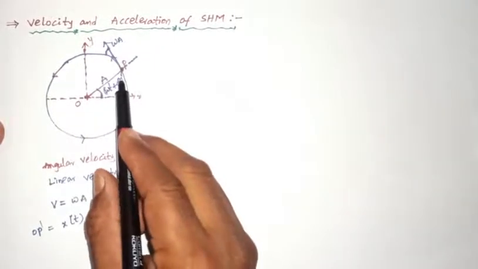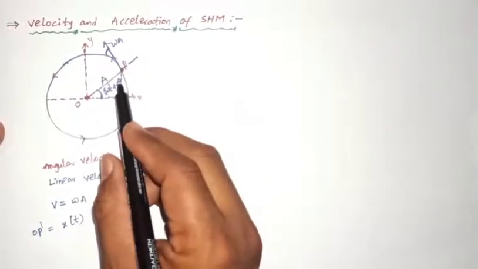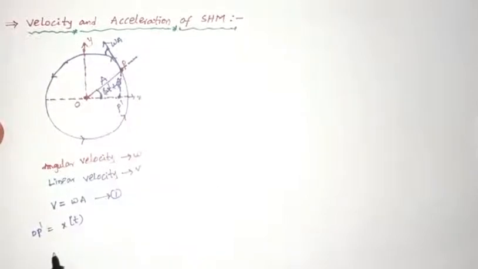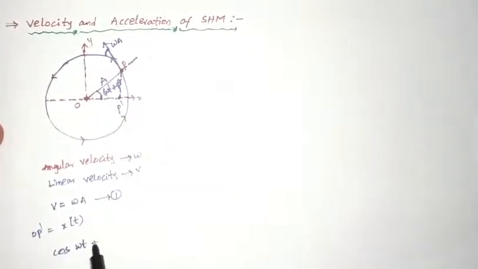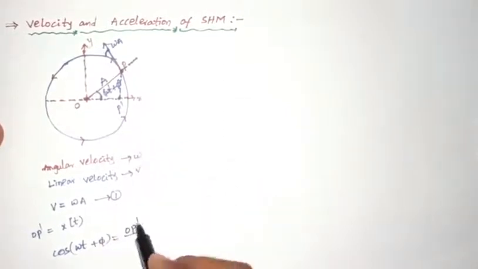Then we consider the angle: cos of omega t plus pi equals, from this diagram, OP dash divided by OP.